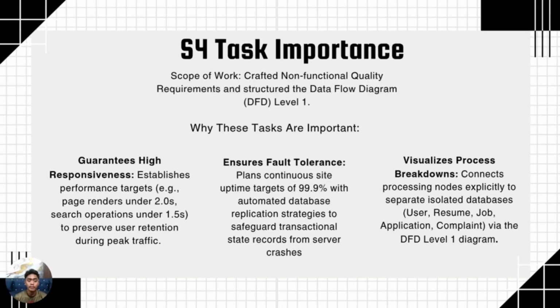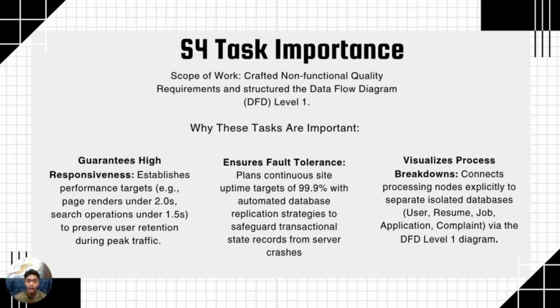As for task importance, why are these tasks important? Guarantee high responsiveness means that we need to establish performance targets, for example, page render under 2 seconds and search operation under 1.5 seconds, to preserve user retention during peak traffic. Second, ensure fault tolerance.